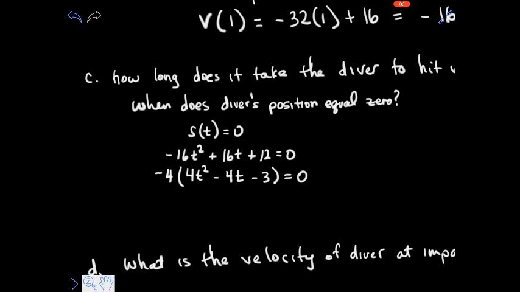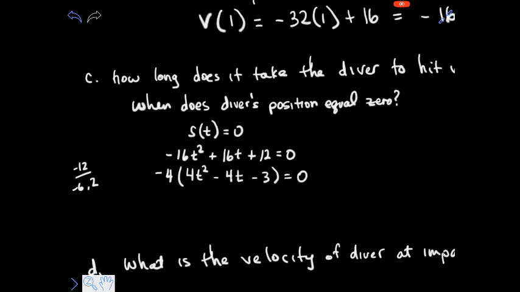And then factor this using some techniques of factoring. I've got a 4 here and a negative 3 there. So I'm going to multiply those two to get negative 12. And then I need to find factors of negative 12 that add to negative 4. So that's going to be a negative 6 and a positive 2.